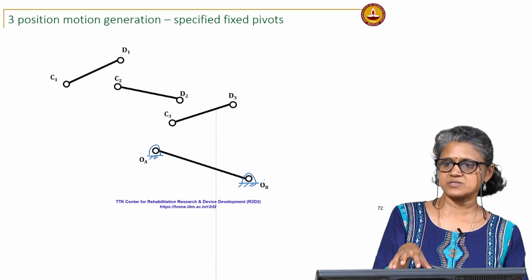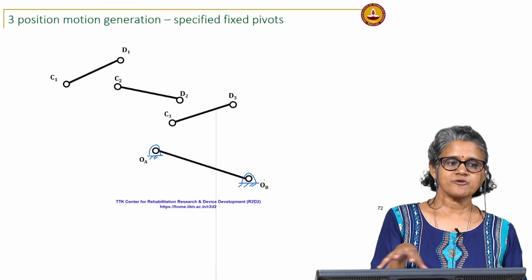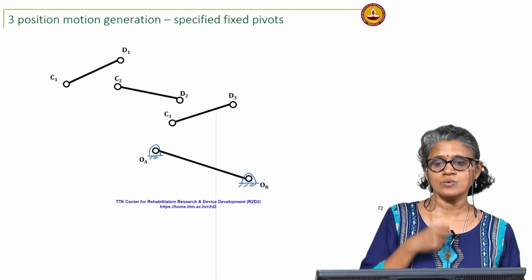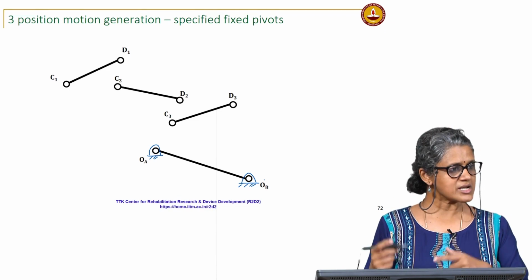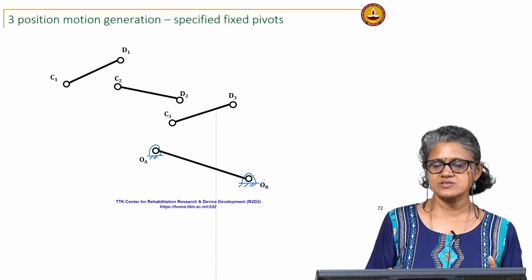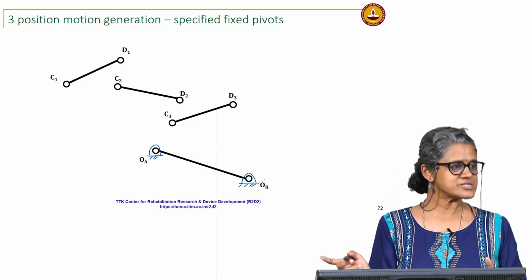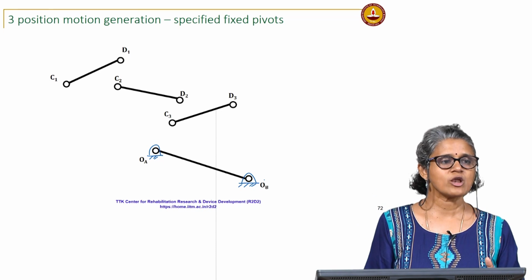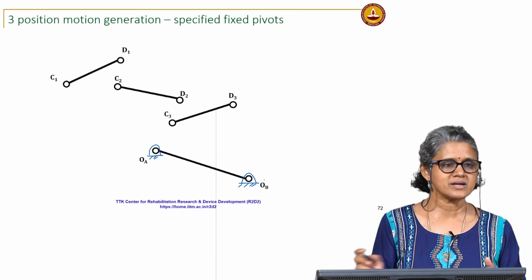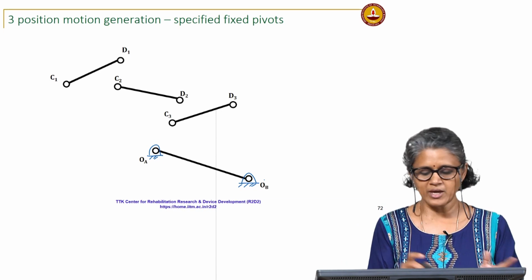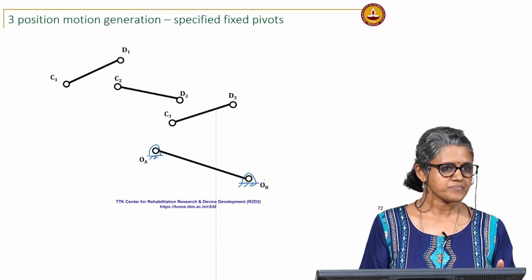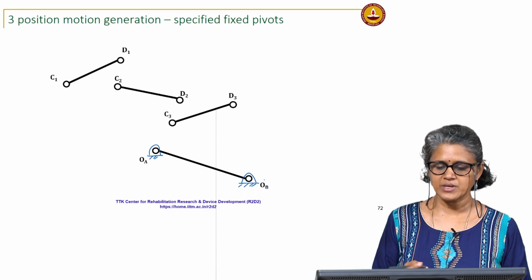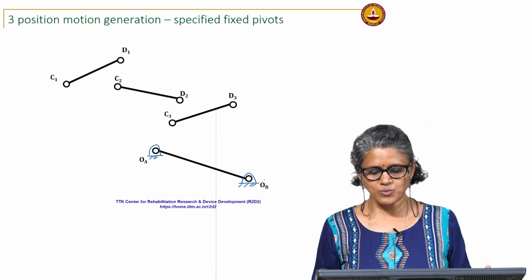You are given the fixed pivots, and you want to find where on the moving body you locate the corresponding circle points, so that for the 3 positions shown, those 3 points move along a circle centered about OA or OB respectively. That is what we are trying to do here.